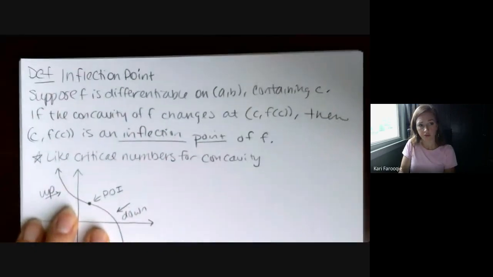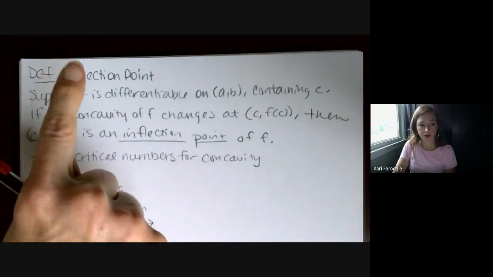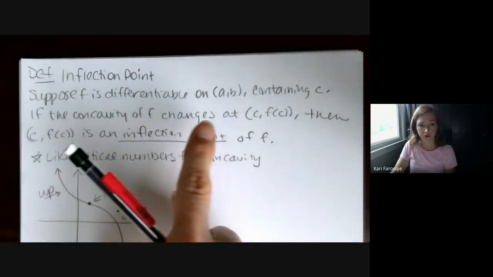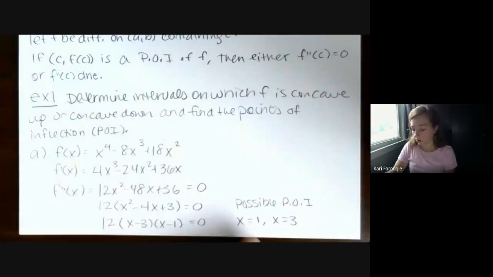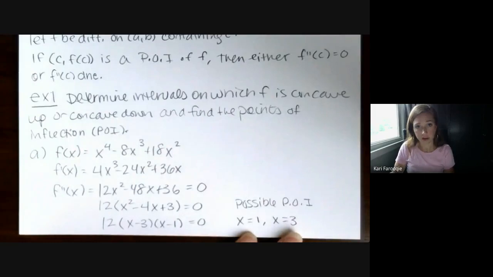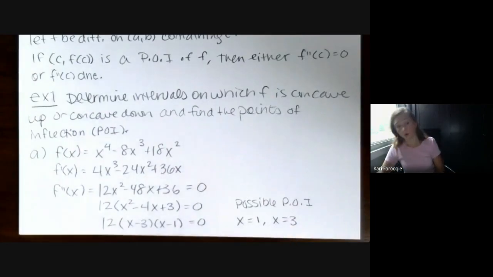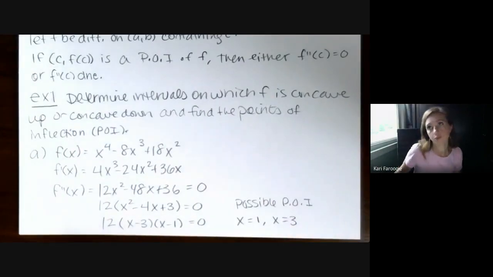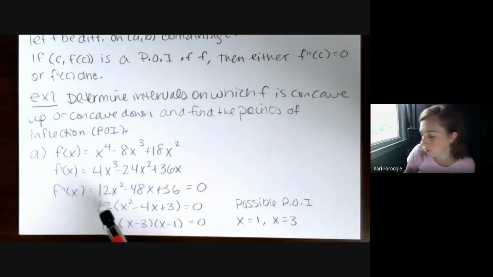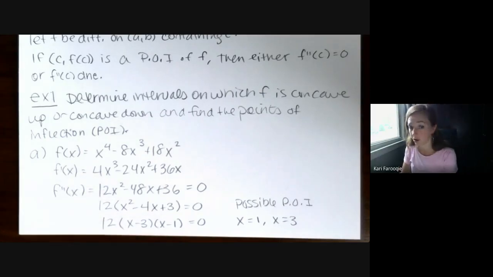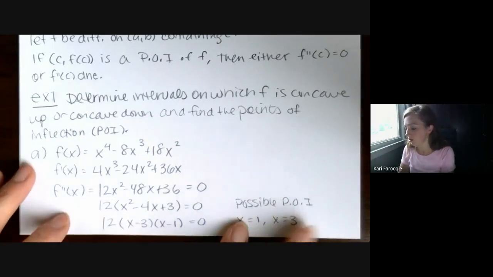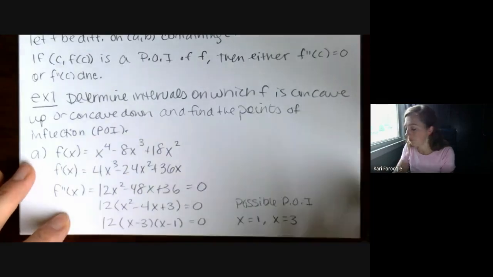Remember that when I wrote the definition for inflection points, it says to be an inflection point, the concavity has to change at the point. So occasionally you will have these values that come out of the second derivative where you set it equal to 0, and the concavity doesn't change. It will happen sometimes, not very often, especially with a polynomial. But I don't label them until I'm sure.